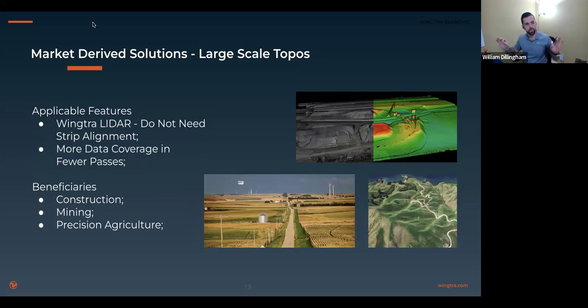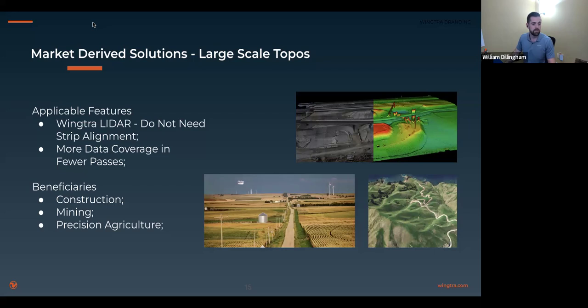Those outer points, where typically with a lower-cost inertial they'd be fuzzy on the outer edges, we're maintaining centimeter-level accuracy even on those outer edges, which means you don't need additional post-processing that could be destructive in nature to the data set itself, which is really nice.